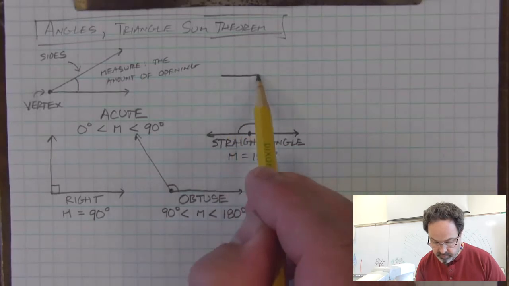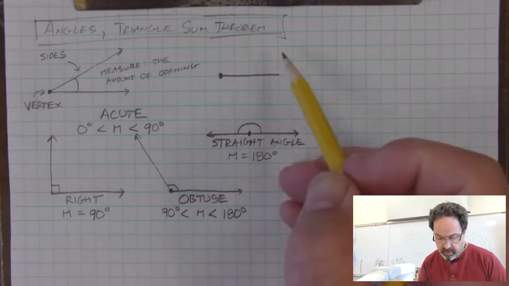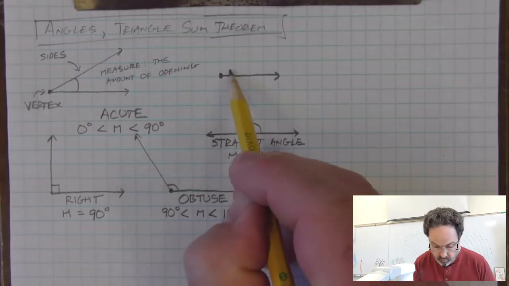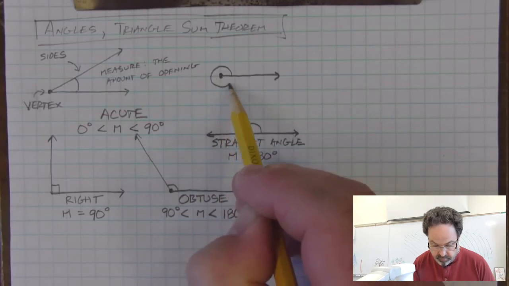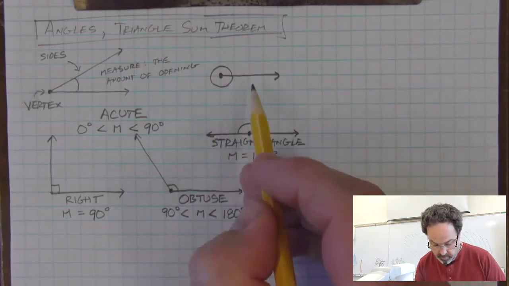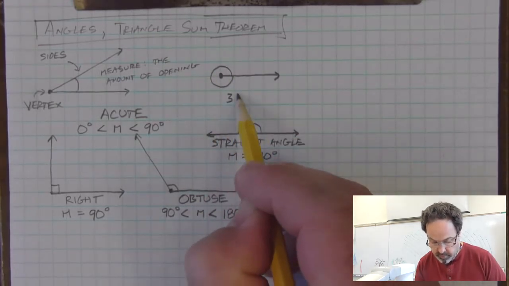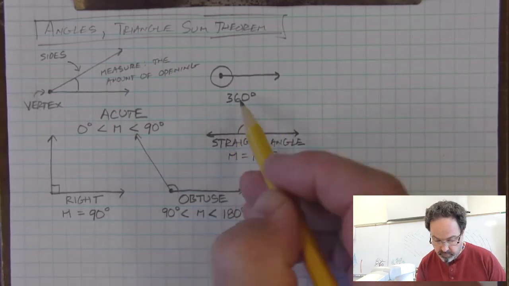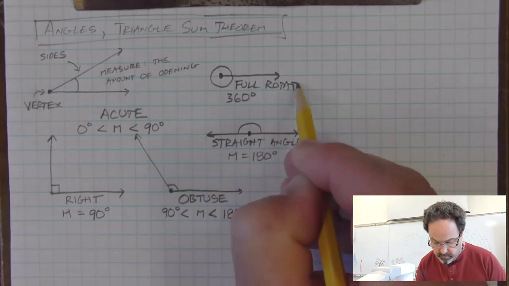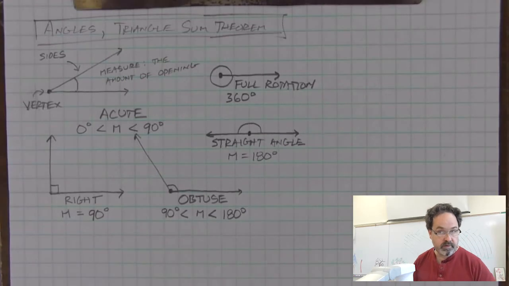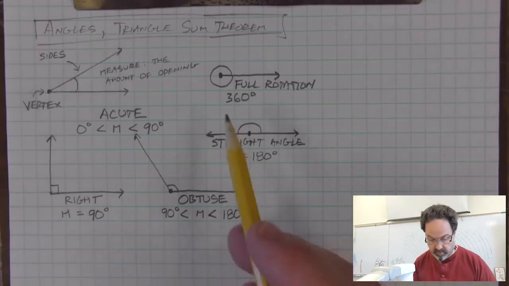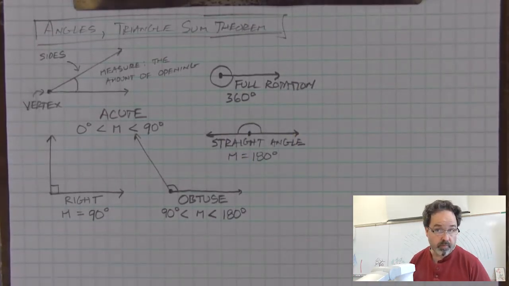We can compare this to starting with one side and rotating all the way around so that it doesn't look like an angle at all, but our opening went all the way around to create a full circle of 360 degrees, and we could call that a full rotation. So we no longer see the two sides because the second side opened up all the way around and is now resting exactly on the first side, or the starting point.